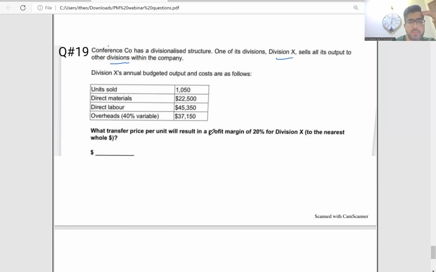What transfer price per unit will result in a profit margin of 20% for division X? Okay. Now, what is the cost per unit of division X?